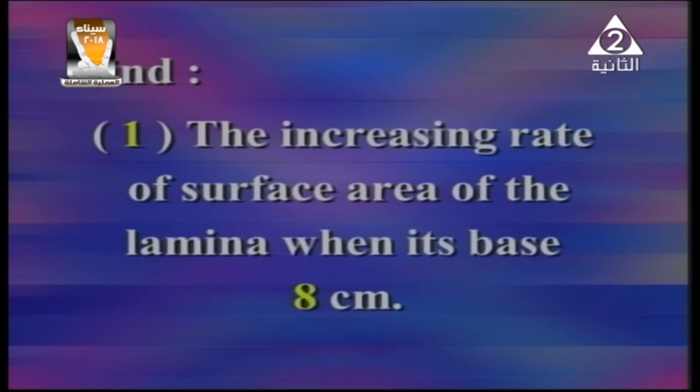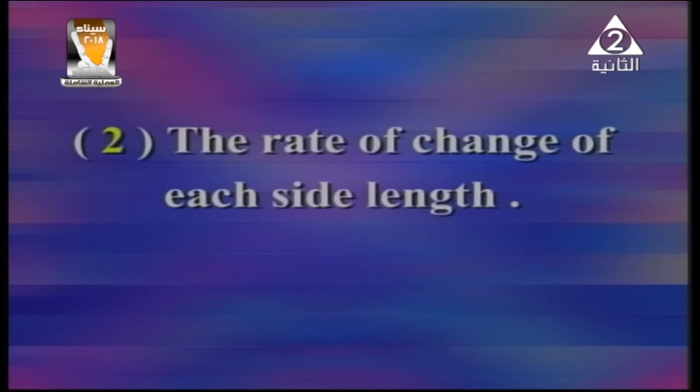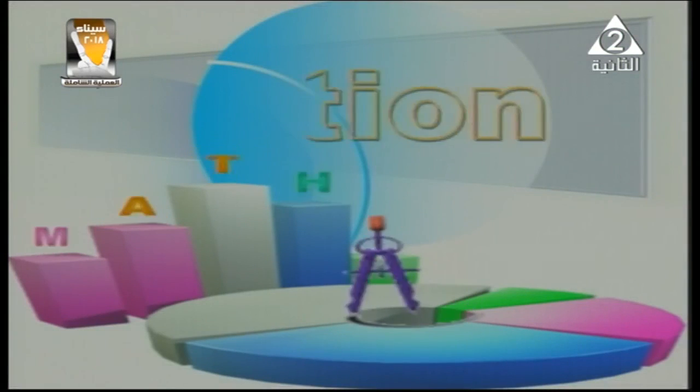The first required: find the increasing rate of the surface area of the lamina when its base is 8 centimeters. The second: find the rate of change of each side length. Solution.